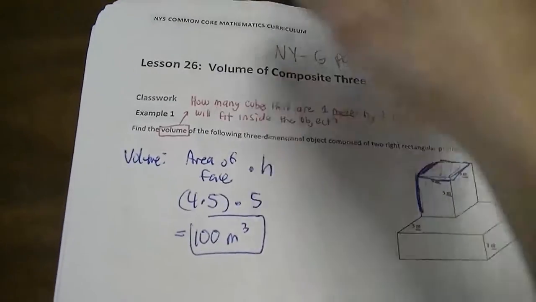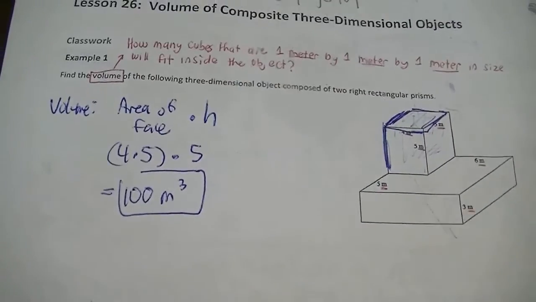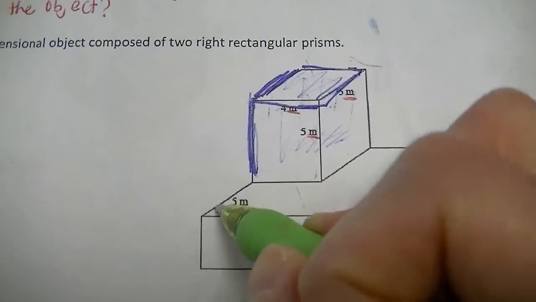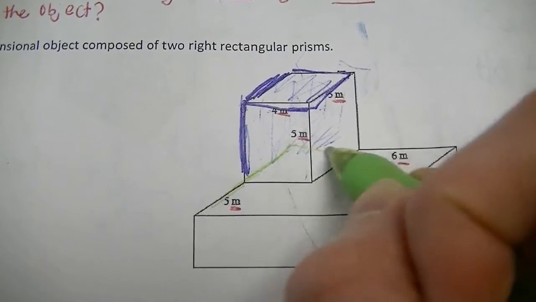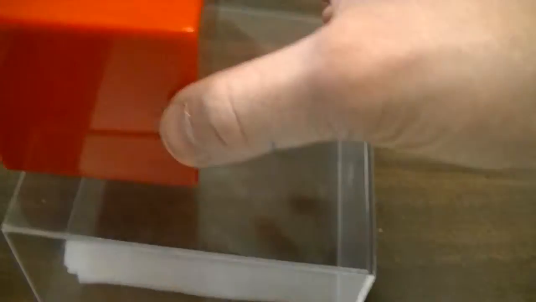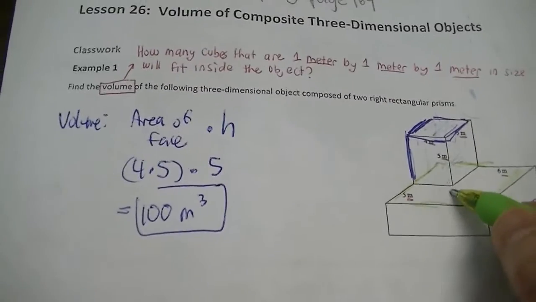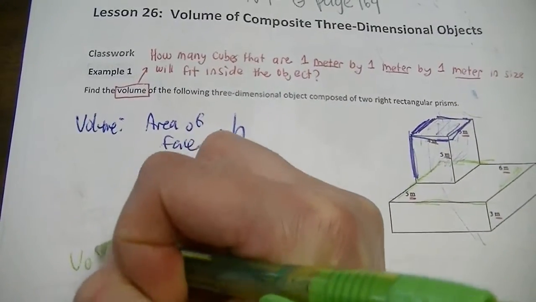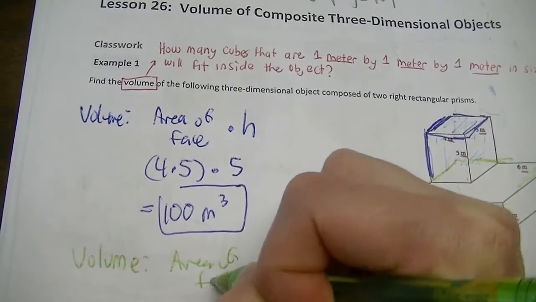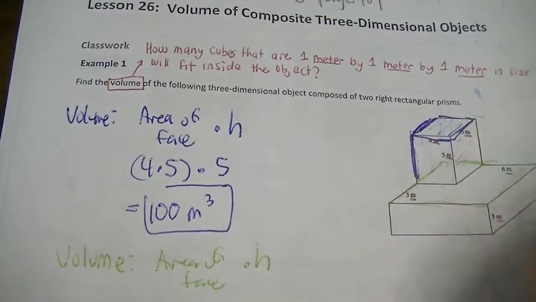Now it's time for the bottom rectangle. Same situation. And one thing you ought to know is there's a part of it that you can't see, because it's under there. Don't leave that out. What you do is the same thing as the previous part of this problem: find the area of the face, then multiply it by h to get the volume.